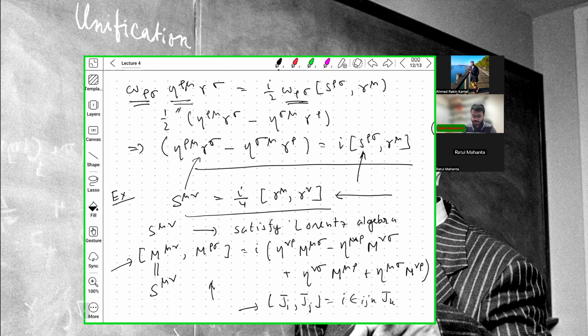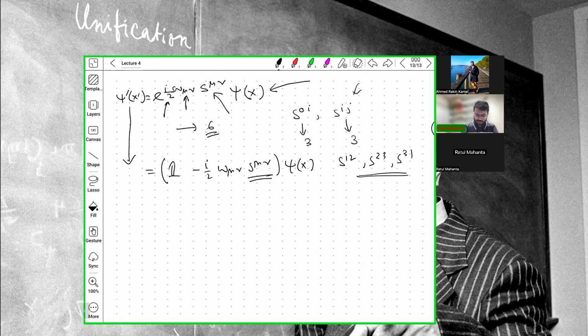Rotations are included in the Lorentz algebra, and you can check that the rotations are nothing but a half epsilon_ijk S_jk. These will be rotations, and they actually satisfy the angular momentum algebra. If time permits, I will come to this point later.